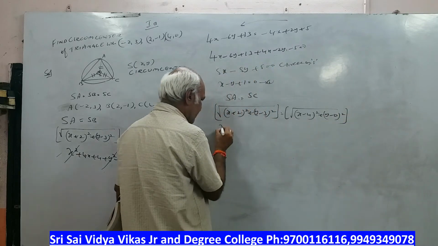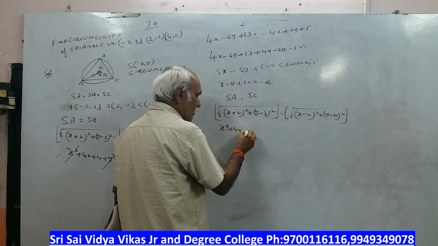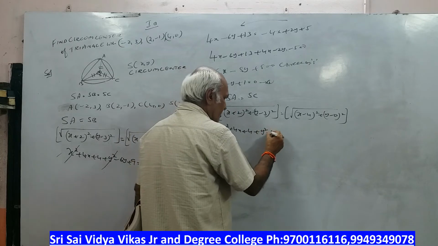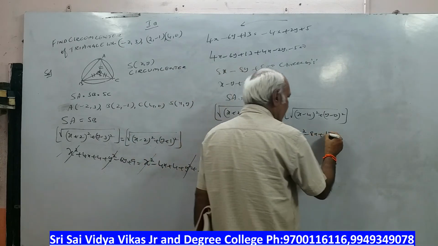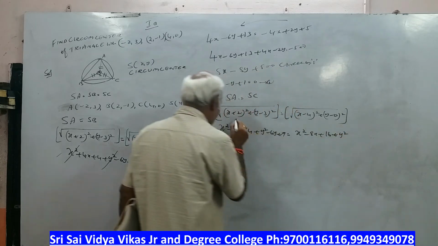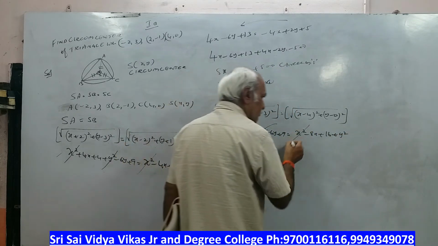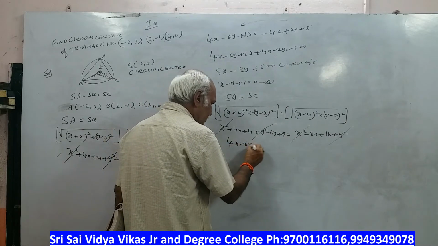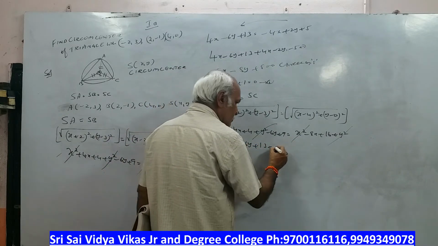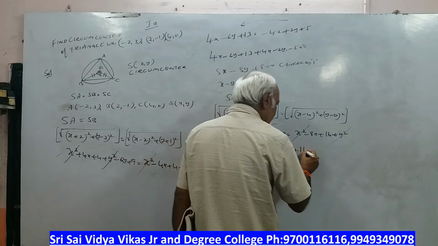The square roots will get cancelled. x square plus 4x plus 4, y square minus 6y plus 9; here plus 16 plus y square. Again x square and y square cancel. So 4x minus 6y plus 13 is equal to minus 8x plus 16.